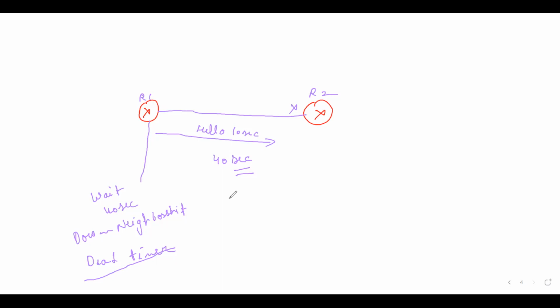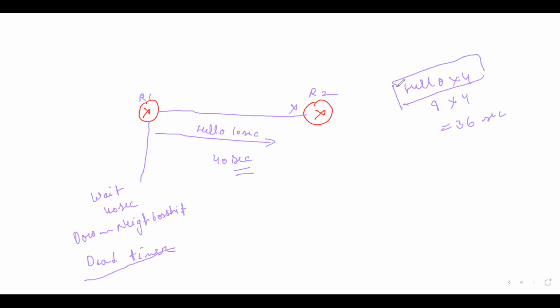It's just hello into 4. Whatever your hello time is, suppose I change my hello timer to 9 seconds, then into 4 is 36. After 36 seconds it will break. So just remember hello into 4.